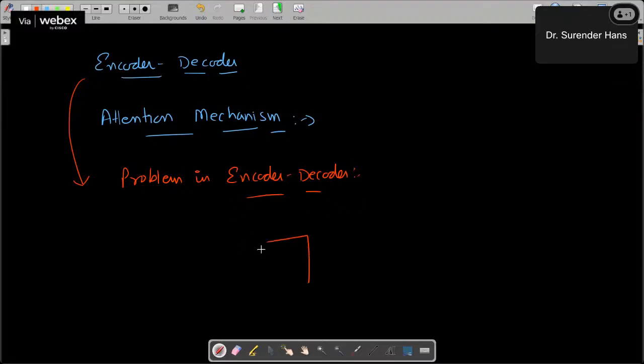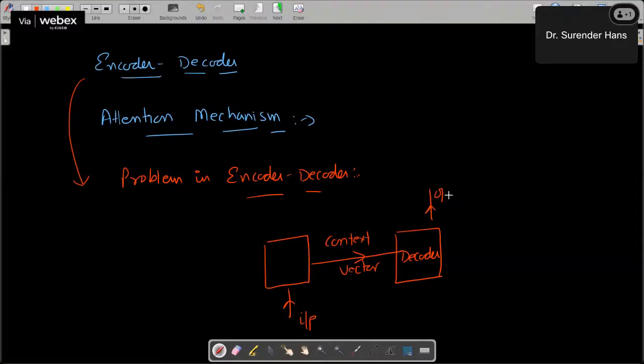This was our encoder, and this one is the decoder. This one is the input sequence, and this one is the context vector, and here is the output. Inside this encoder and decoder the LSTM was explained, and these two LSTMs are entirely different from each other.